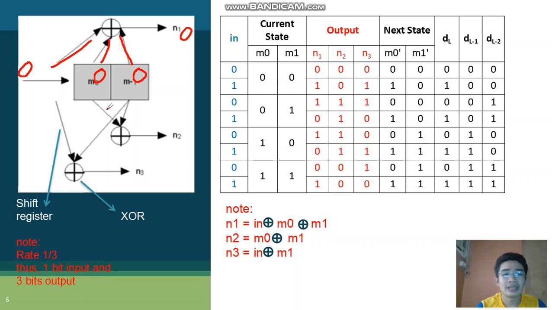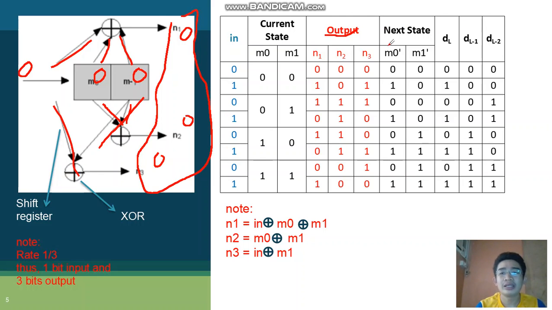And M0 XOR M1, 0 XOR 0 is equal to 0. And 0 XOR 0 is equal to 0. Therefore, the outputs of the given input are 0, 0, 0. This is it.